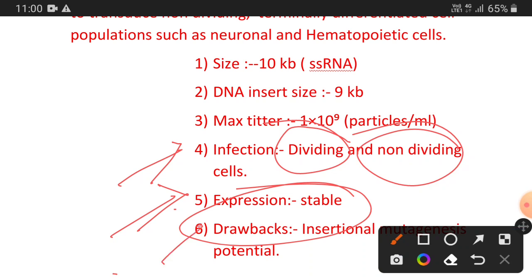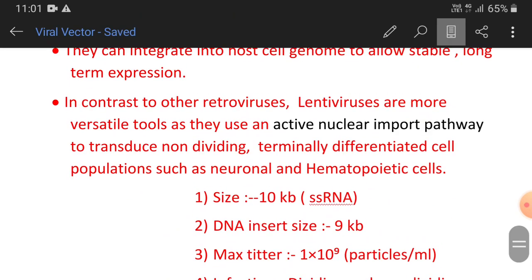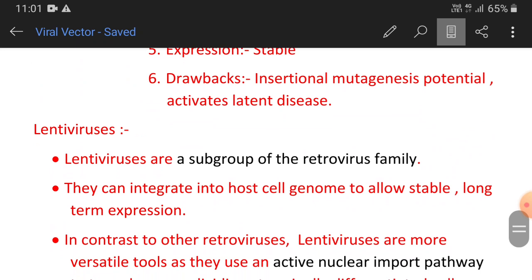The drawback is that, like retroviral vectors, it can induce insertional mutagenesis. So one more time, lentivirus is a subgroup of the retrovirus. It can also ensure stable expression of the gene because it can integrate with the host genome. Clear?